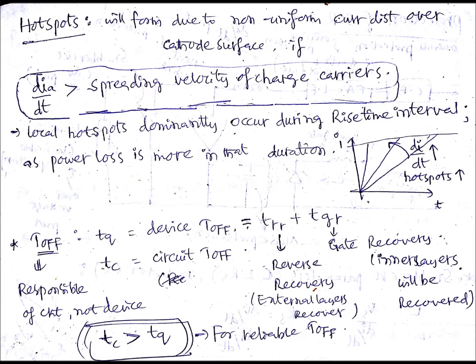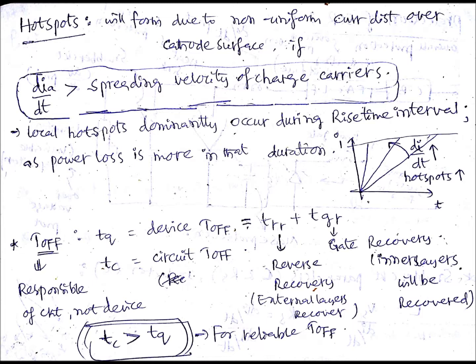That too when di/dt, that is the rate of change of the current through the SCR, which is nothing but the anode current, is greater than the spreading velocity of charge carriers. These local hotspots dominantly occur during the rise time interval, because during rise time the di/dt is more, and so the power loss is also more in that duration.